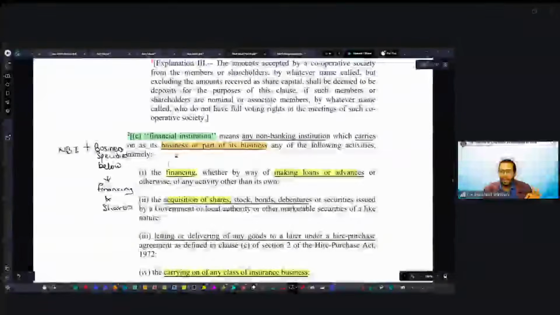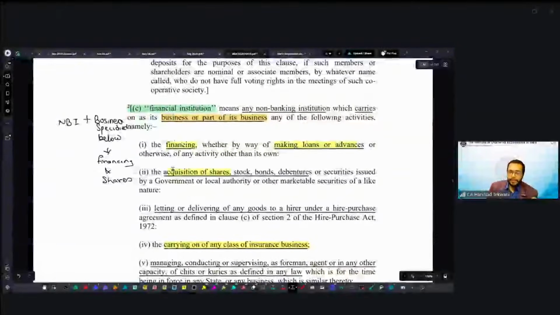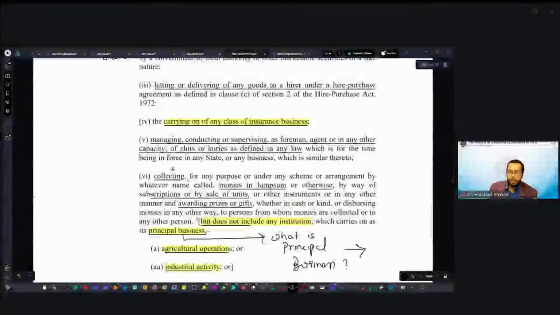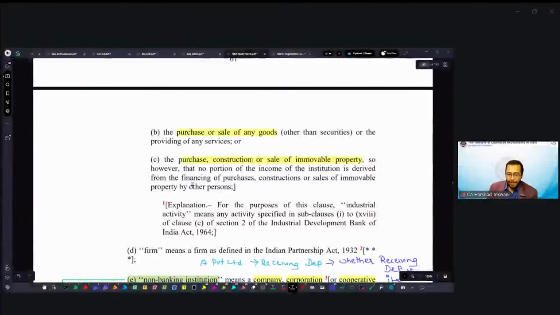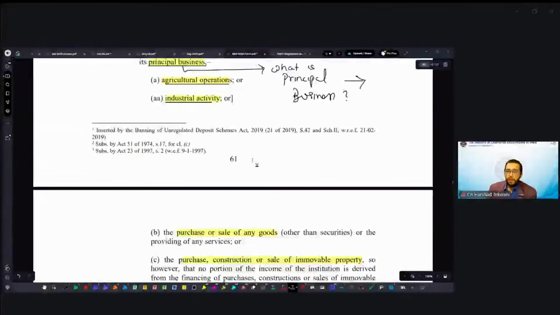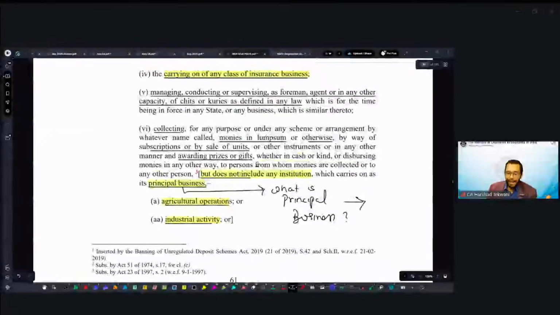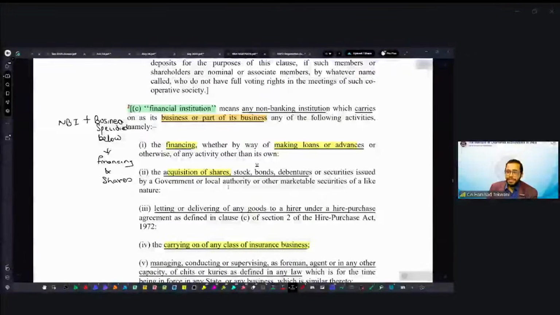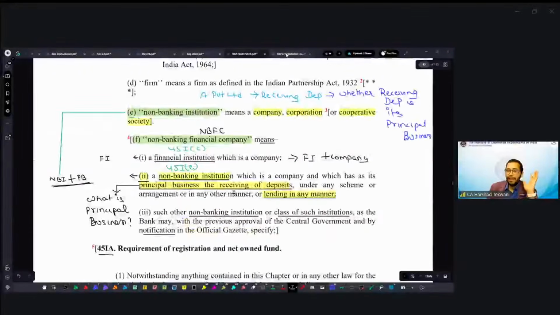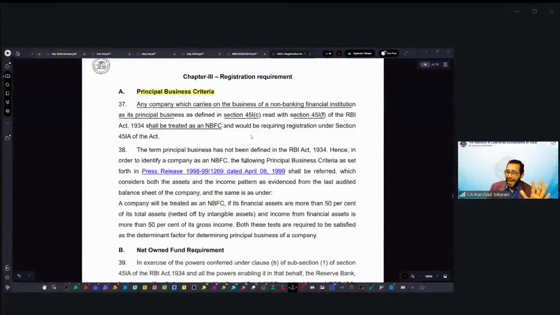Because over there we are talking that if its principal business is not agricultural operation, industrial activity, purchase and sale, purchase and construction, that means it has a principal business of financing, acquisition of shares and everything. And 45-IF, principal business of receiving deposit and lending in any manner. If you have a principal business of this, which is provided in 45-IC and IF, you would require registration under 45-IA. We understood that.